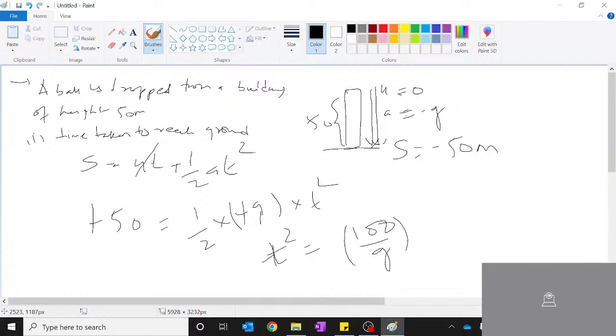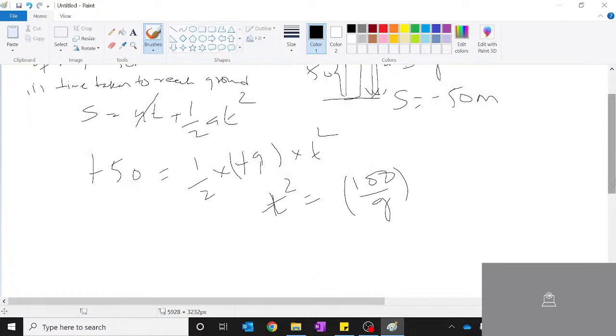Now like I've told you in the initial part, you can either take g as 9.8 or 10. For calculation convenience, if I am taking my g as 10, this becomes 100 by 10, which is 10. So t square is 10.